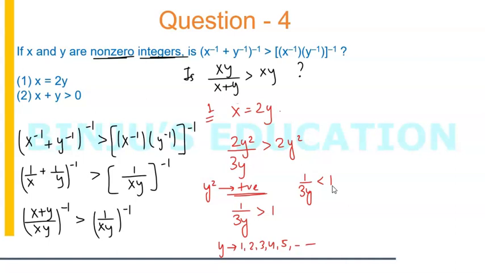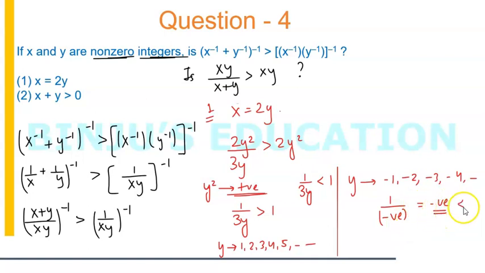less than 1. And what if we take the value of y to be minus 1, minus 2, minus 3, minus 4, and so on and so forth. So this will basically become 1 divided by a negative number. So overall this will become a negative number, which will definitely be less than 1.